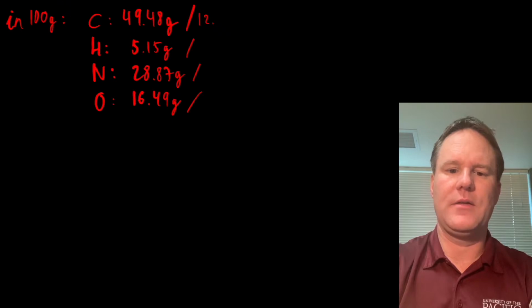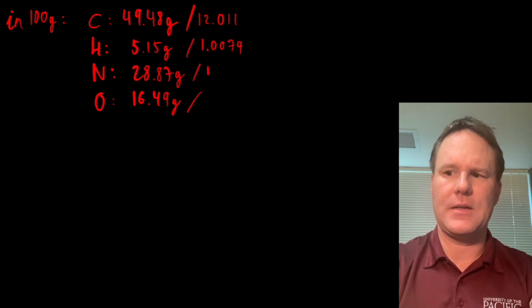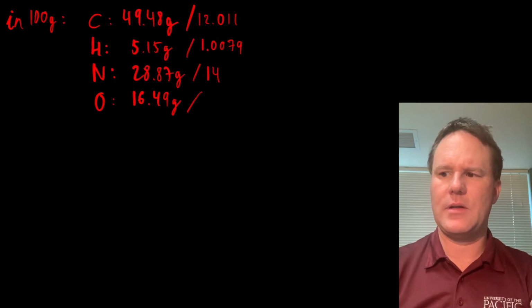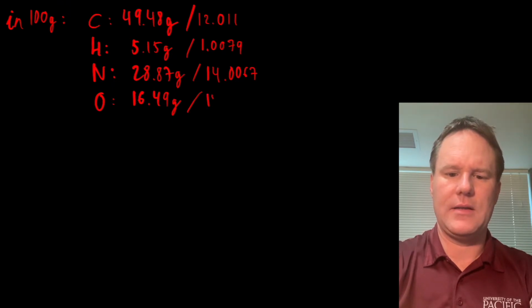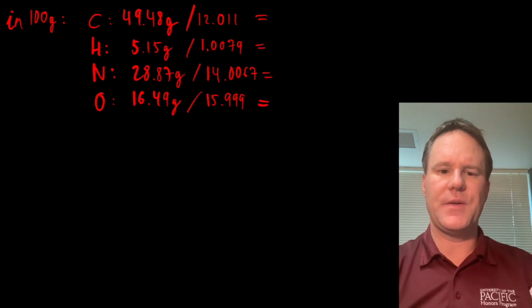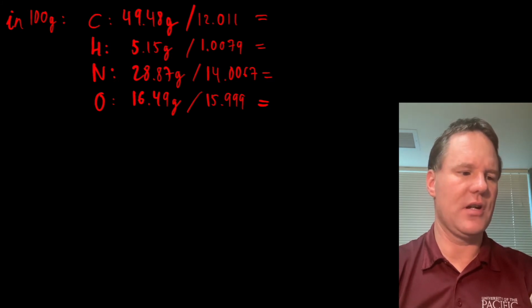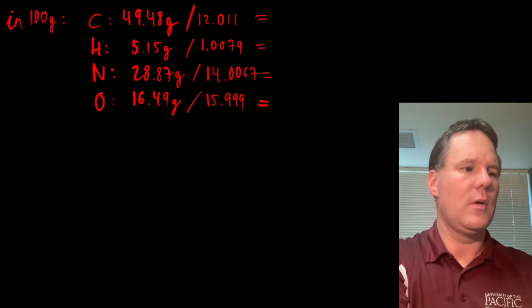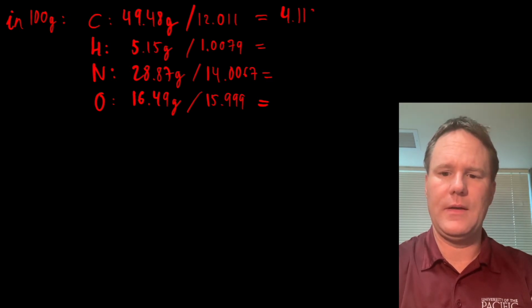And this would be 12.011. This would be 1.0079. This is 14.0067, and this is 15.999. Okay, so now I'm calculating the moles of each element, so 49.48 divided by 12.011, and I get roughly 4.119.